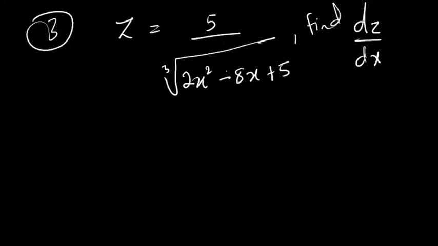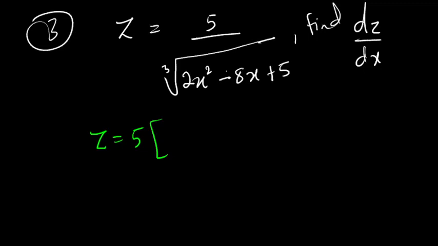To be able to do that, that's very simple. Let me first rewrite it, because it has to come up. So 5 is here. Now let us bring this thing to the denominator.